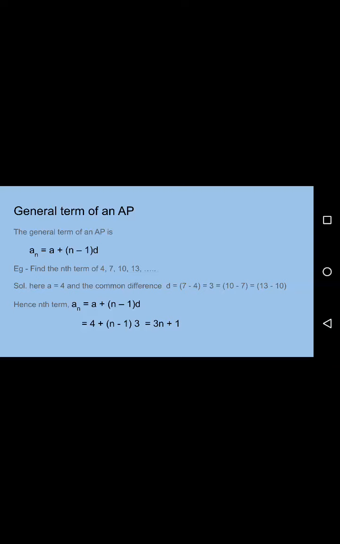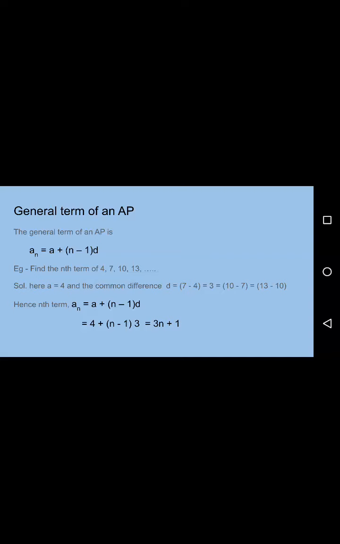The general term for an AP is represented as a_n equals a plus (n minus 1) d. The important thing here is that you should know the values: a is the first term of the AP, d is the common difference, and n is the term number which we need to find. Let us look at one example.